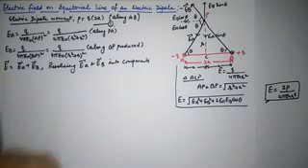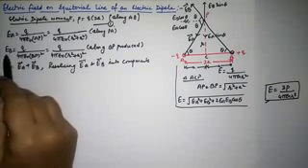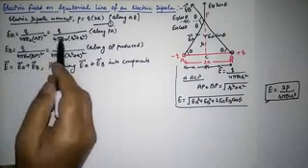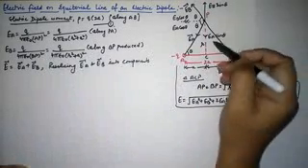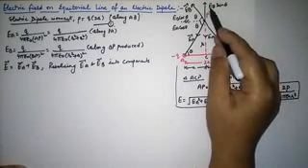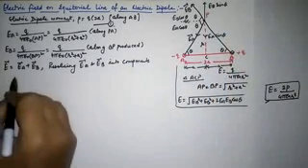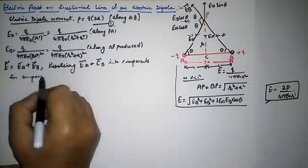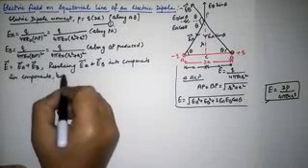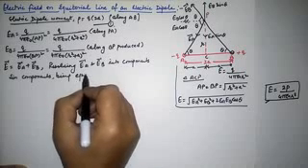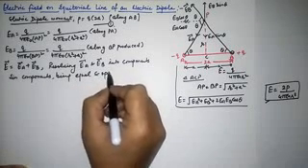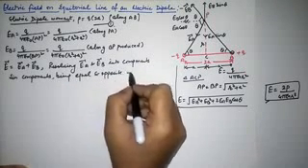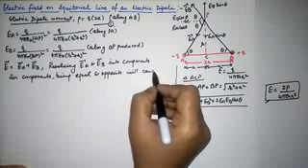Now we see the magnitude of EA is the same as the magnitude of EB. So here we have EA sin theta, here we have EB sin theta. We can say the sine components, being equal and opposite, will cancel each other.